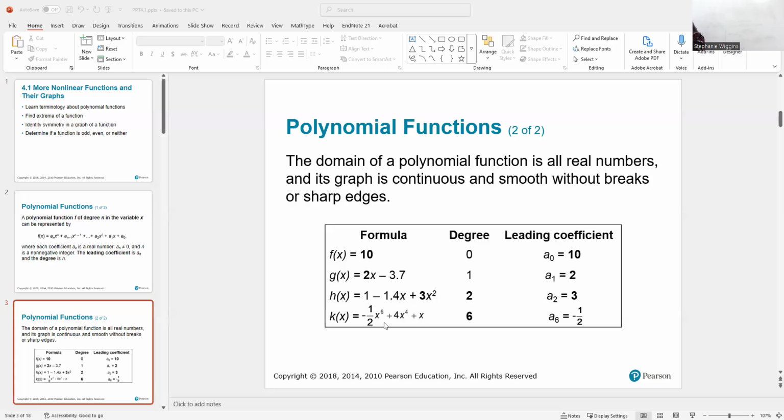So the only terms we have here are x to the power of 6, x to the power of 4, and x to the power of 1, and the highest is 6, so the degree is 6, and the leading coefficient is the number in front of the highest degree term, which is -1/2. So that's some terminology.